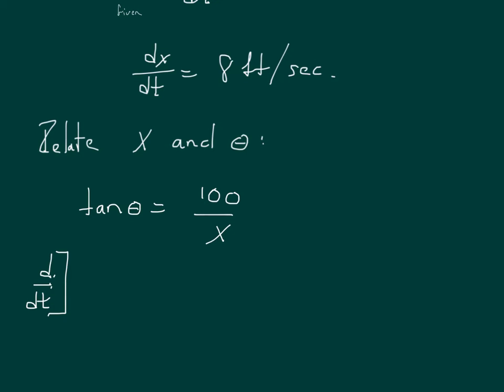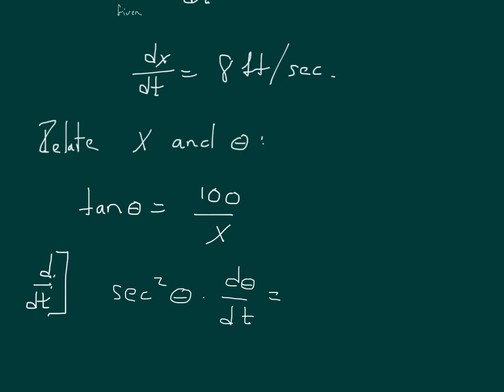Differentiating the outer function tan, we have secant squared, leave the inner function theta, and then multiply by the derivative of the inner function, so d theta/dt.